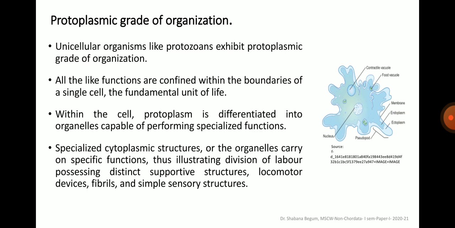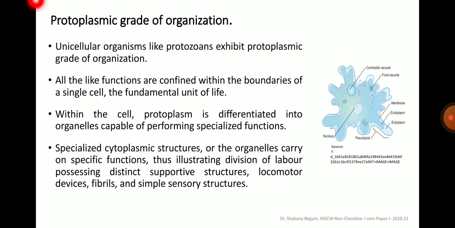So, what is a cell organelle? A cell organelle is a discrete subcellular structure with a particular function. Then the specialized cytoplasmic structures or organelles carry out specific functions, thus illustrating division of labor, possessing distinct supportive structures, locomotor devices, fibrils, and simple sensory structures.